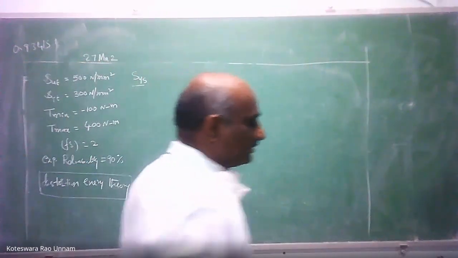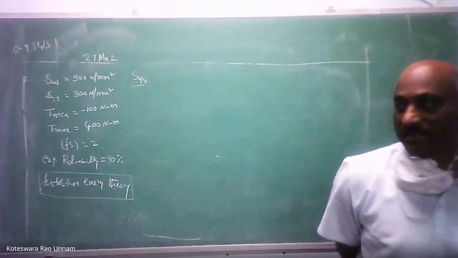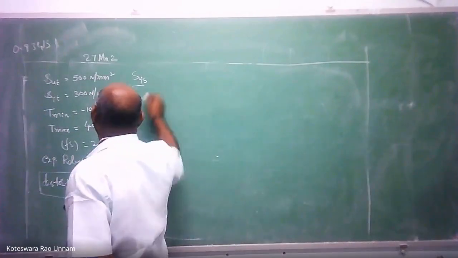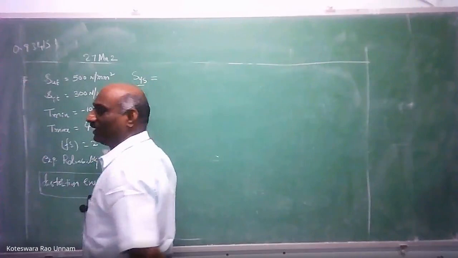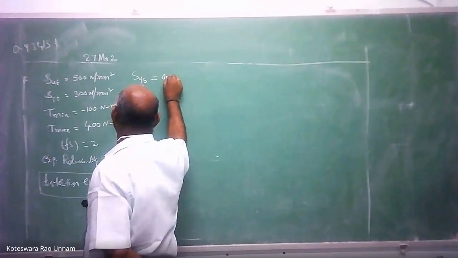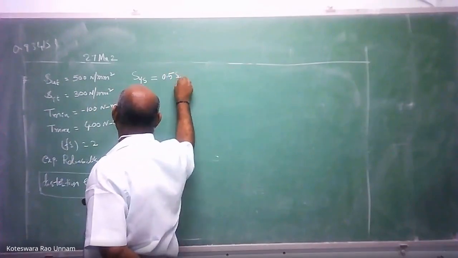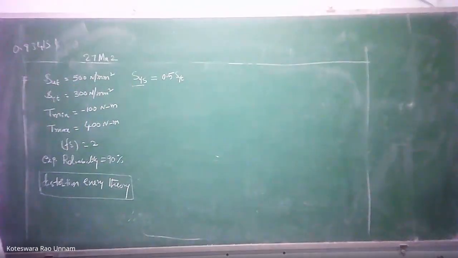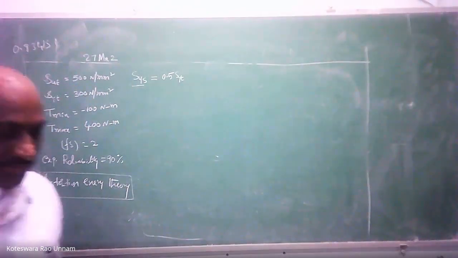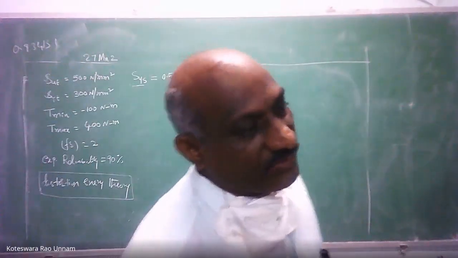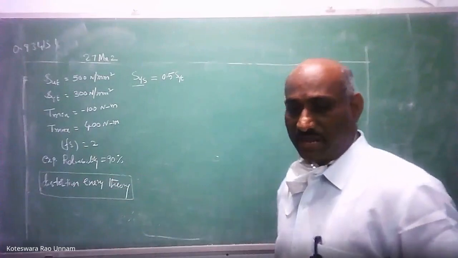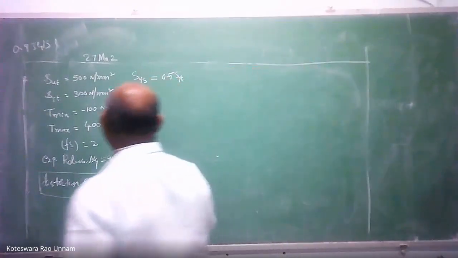These two theories predict the yield strength in shear differently. According to the maximum shear stress theory, SYS is nothing but 0.5 SYT. We already derived these equations, so I am repeating those things.